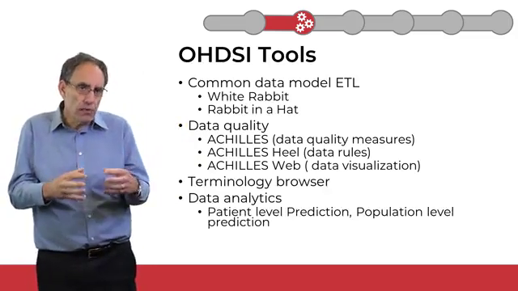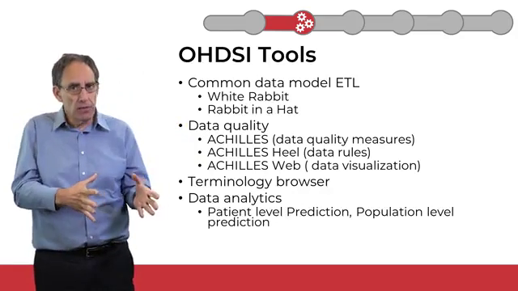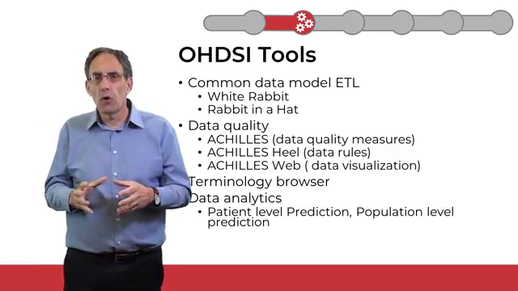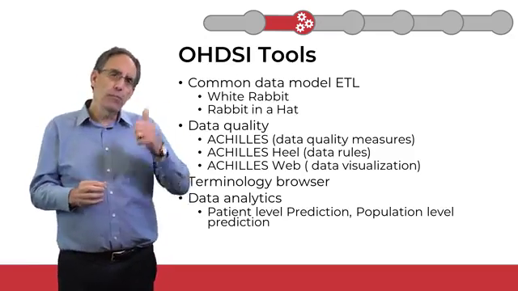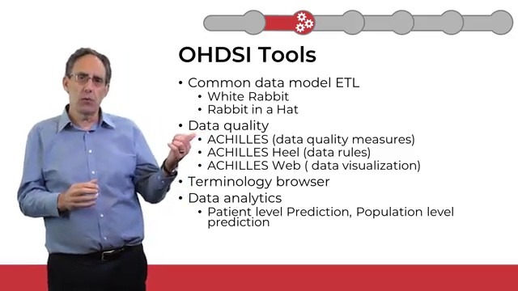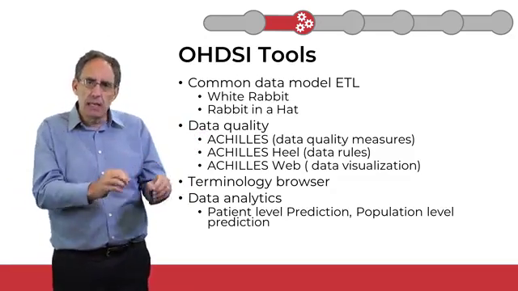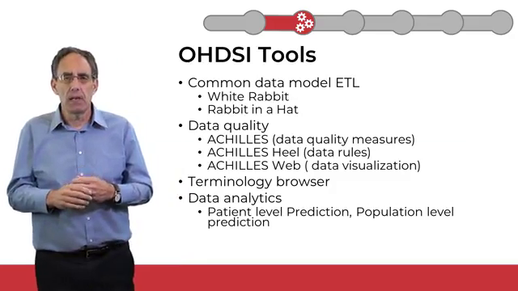OHDSI also has created a terminology browser and a number of data analytics tools. One shortcoming in previous versions of the OHDSI tools was that each tool was developed separately and they did not communicate with each other.